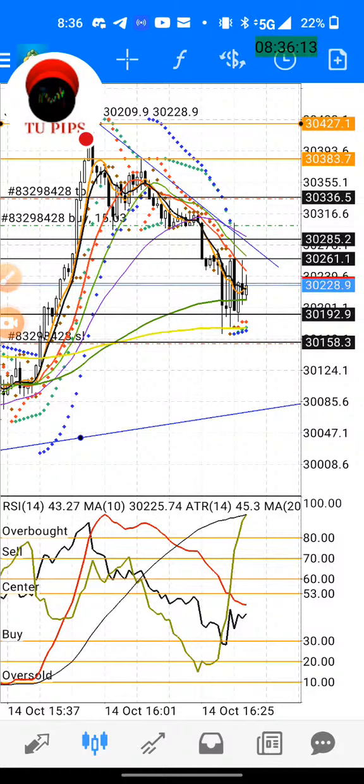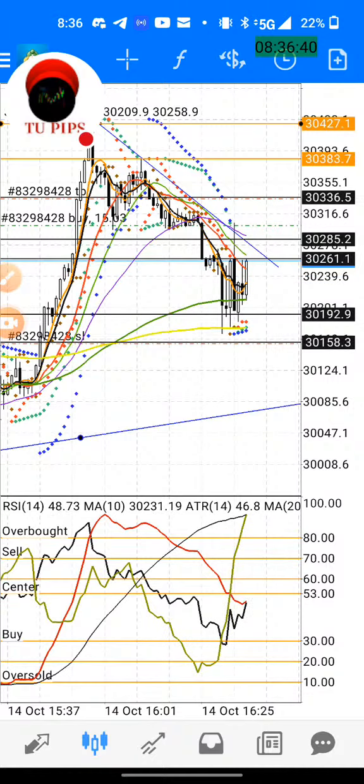Regardless of the size of your account, make sure that your account can handle the lot sizes that you choose. Make sure that you know what your drawdown is going to look like for a certain amount of points if dealing with indices, or a certain amount of pips if dealing with forex pairs.